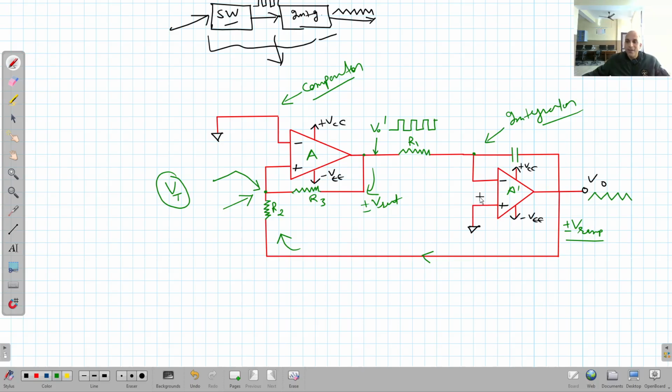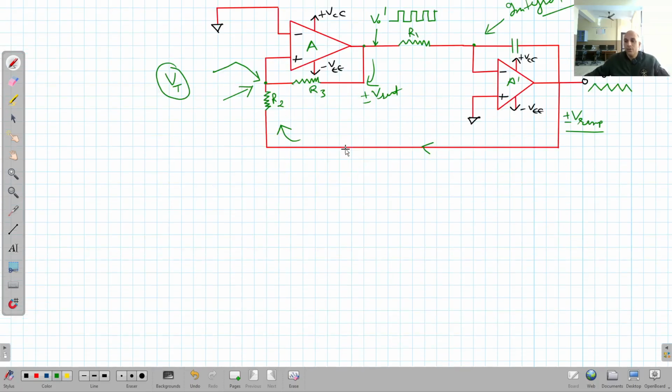When the output was in positive saturation, we know very well what the output of the integrator is. V output is equal to negative integration of 1 upon RC, V in dt, negative because it is an integrator. So what will it be? It will be a negative going ramp.